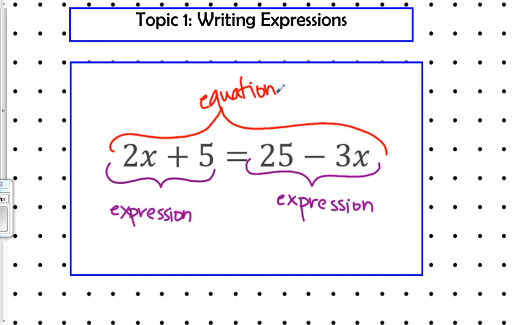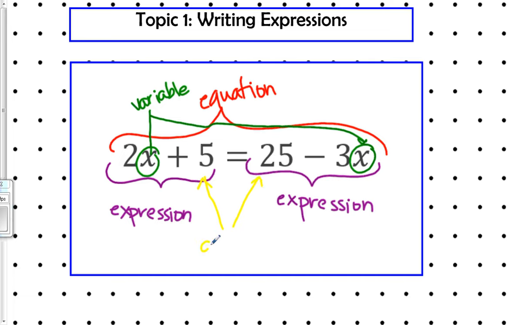So a few more parts. Okay, here is the variable. Hopefully you know that by now, as well as this x over here. Pick a new color. This 5 and this 25 are both constants, okay, the numbers that are on their own.